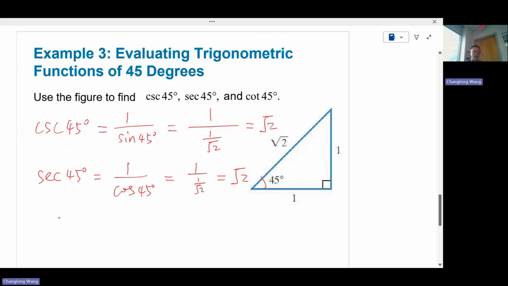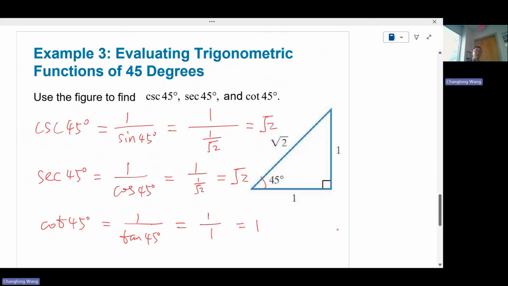Okay. Now, cotangent 45. I mean, you don't have to, but it won't hurt, right? If you relate the cotangent 45 to the tangent 45, even though it's trivial in this case, because you see that tangent 45 is opposite over adjacent, which is going to be 1 over 1, and it's going to be 1.